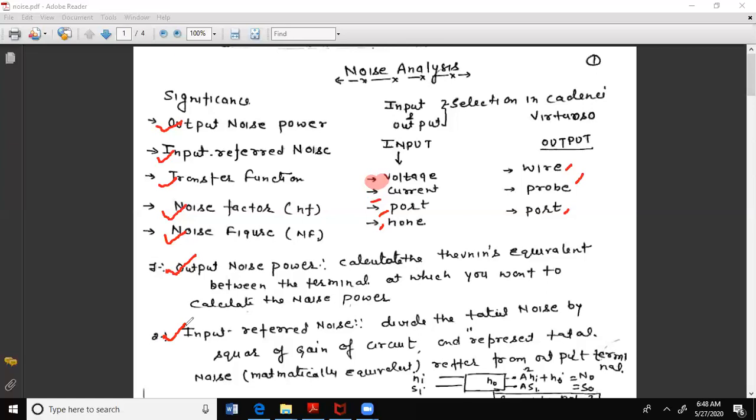Why are we dividing by this gain square? Because noise is in power. So when you want to calculate the input power, always divide the output power by the gain of the amplifier or the circuit.